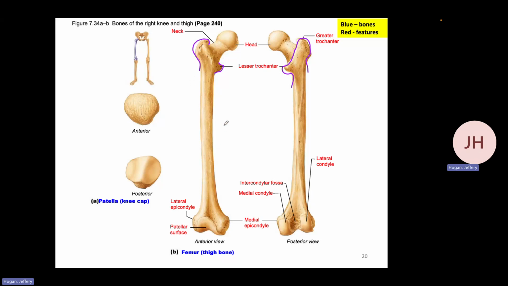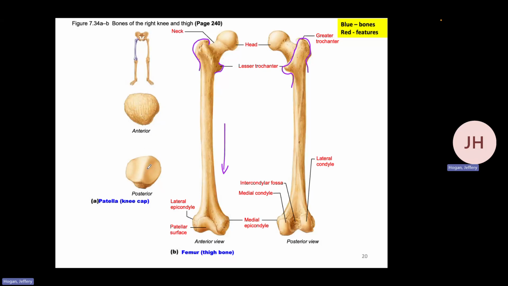Now, as we move distally, we can move downward, and distally on this picture, we have an articular surface on the front, right? This is for the patella, the articular surface of the patella or the kneecap. And so we can take a look at the kneecap. It's a bone embedded within the quadriceps tendon, right?